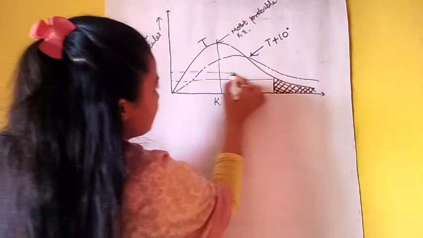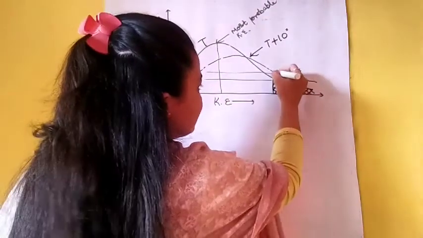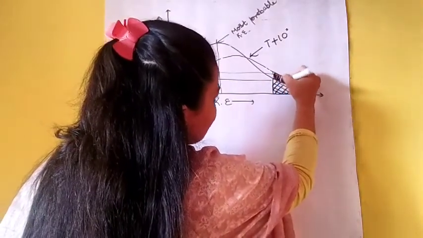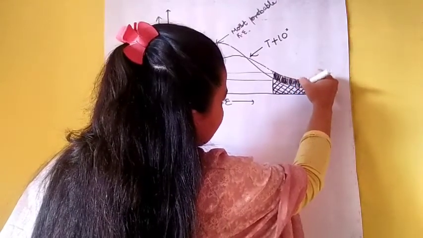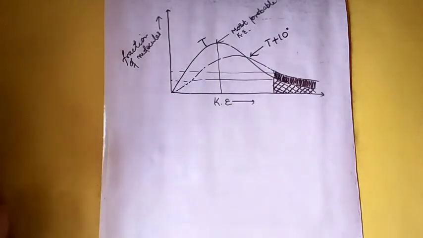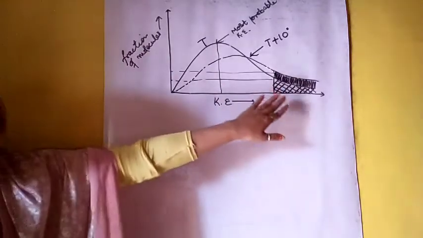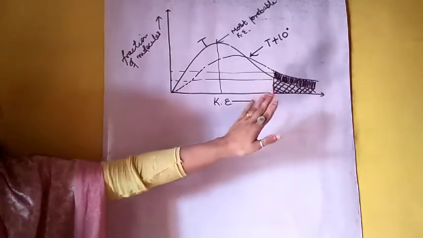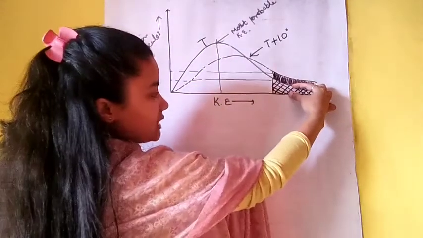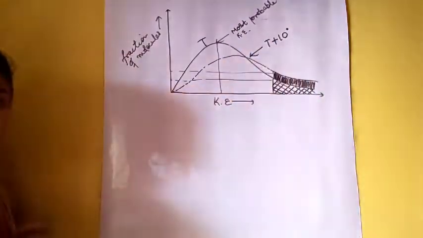This is initial and this is final. So it is observed that after increasing the temperature, these are the extra molecules which start to collide effectively, right? As we can see from the graph, after a 10 degree rise, the effective collision is also doubled. Earlier it is this much, and after the 10 degree rise, the collision is this much, right?